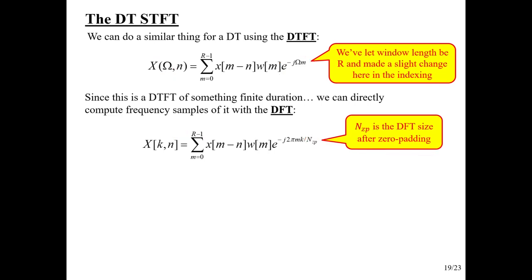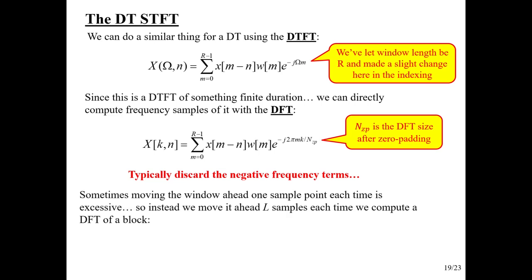And so the effect of that is to change mathematically what happens there. But we know computationally how that works out. And it just gives us a closer spacing on this k. So we typically discard all the negative frequencies because they're going to tell us similar things that the positive frequencies tell. So we're just doing a single-sided spectrum.